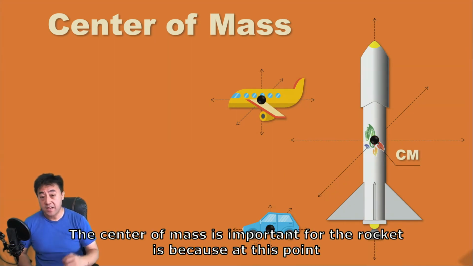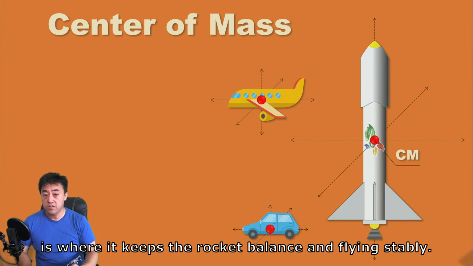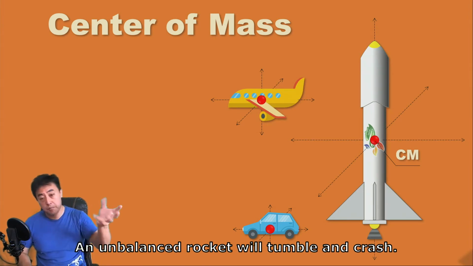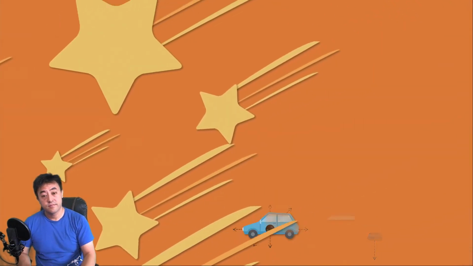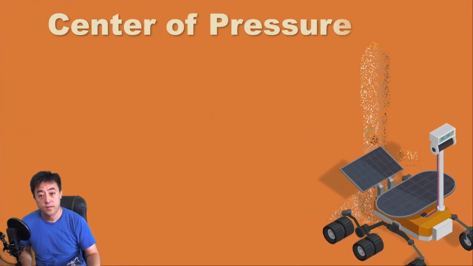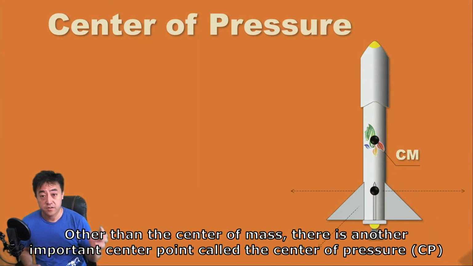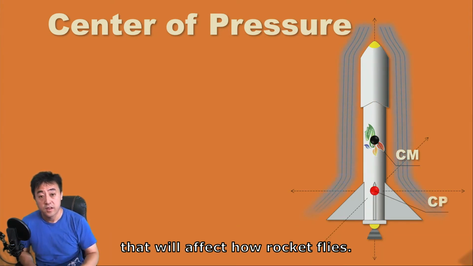The center of mass is important for a rocket because this is the point that keeps the rocket balanced and flying stably. An unbalanced rocket will tumble and crash. Other than the center of mass, there is another important point called the center of pressure that will affect how a rocket flies.